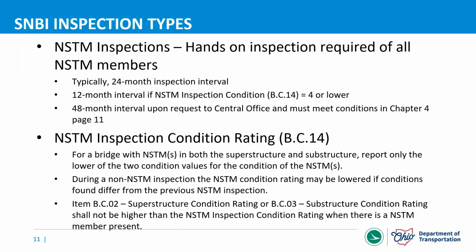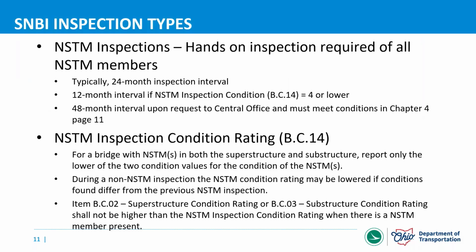This is specifically for your NSTM members, right? So a bridge with NSTMs in both the superstructure and the substructure report only the lower of the two condition values for the condition of the NSTMs. We do see that from time to time, but a lot of times we see NSTMs just in the superstructure or just in the substructure.